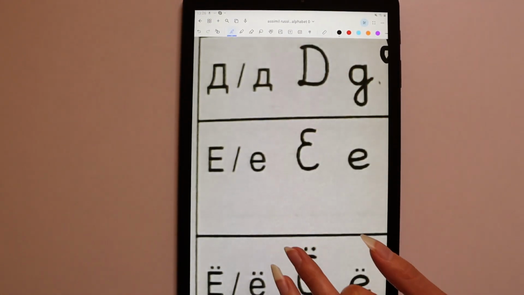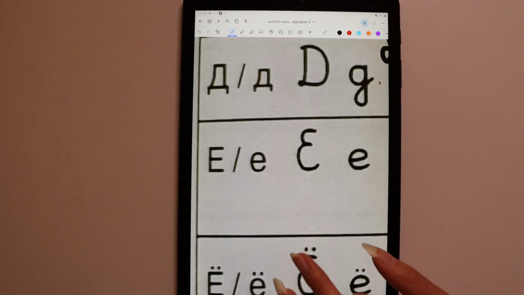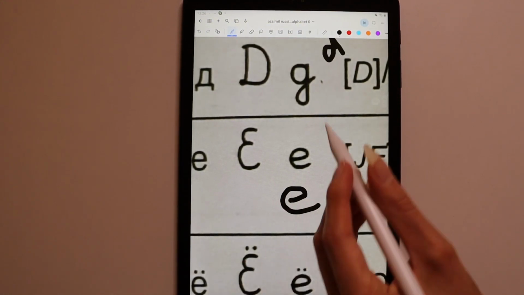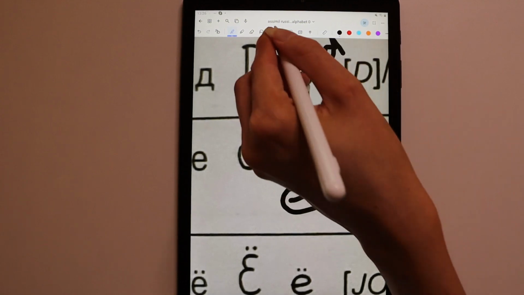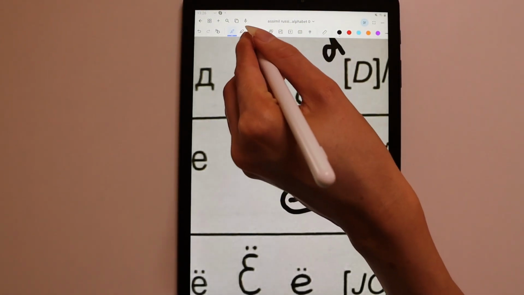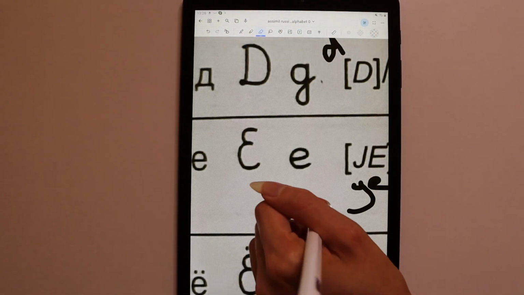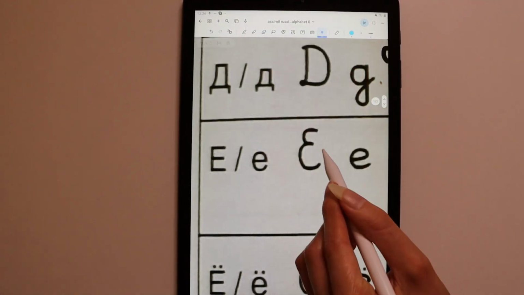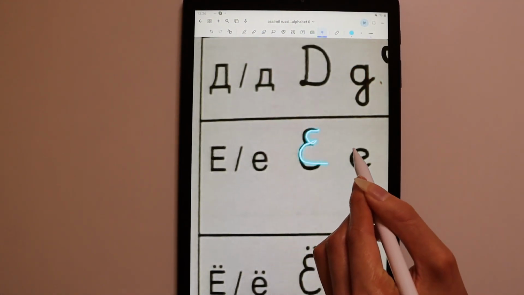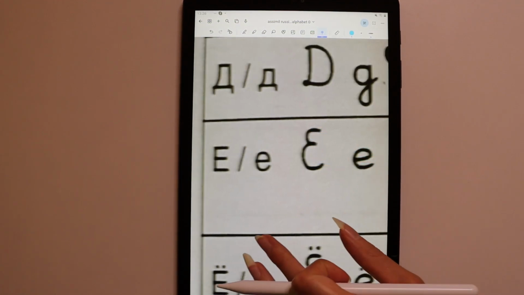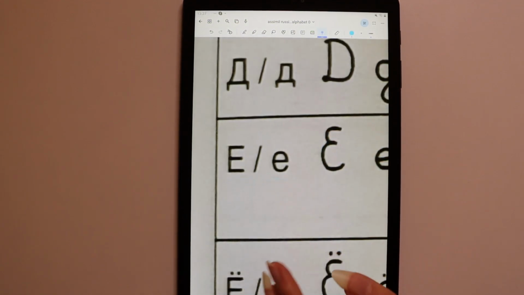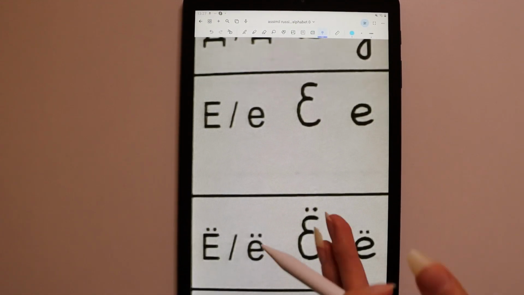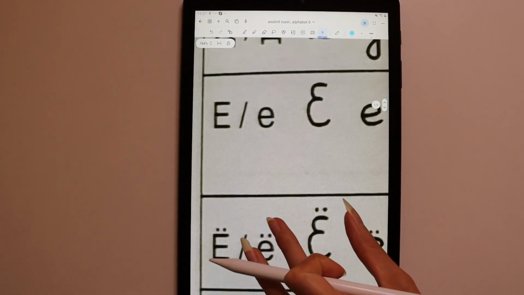It looks like the E in the Latin alphabet, but it's pronounced yeh. Also here in the cursive forms, it looks exactly like the Latin alphabet cursive forms, and also the block letters look like in the Latin alphabet. And it kind of is like an E, but it's pronounced yeh.